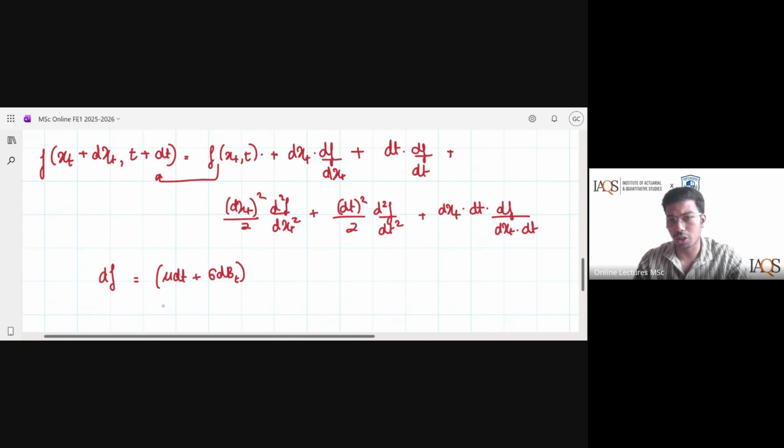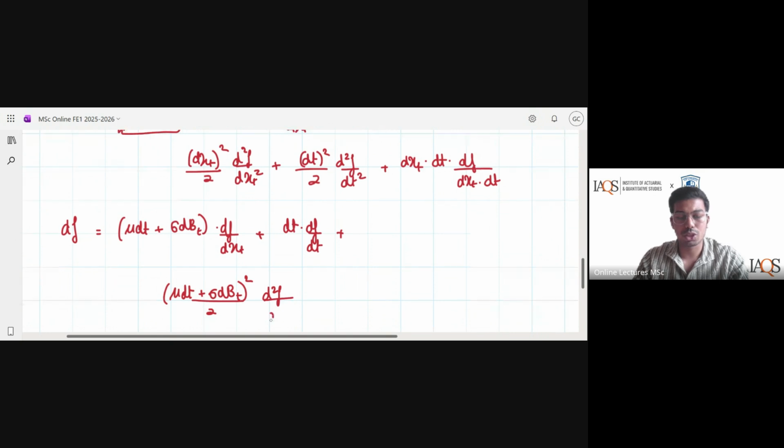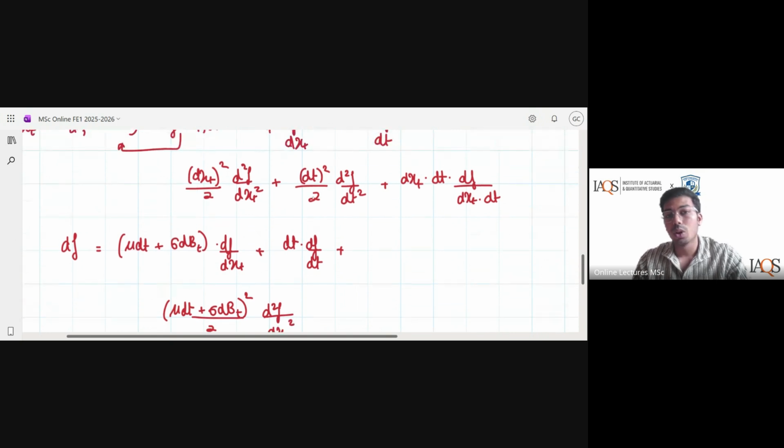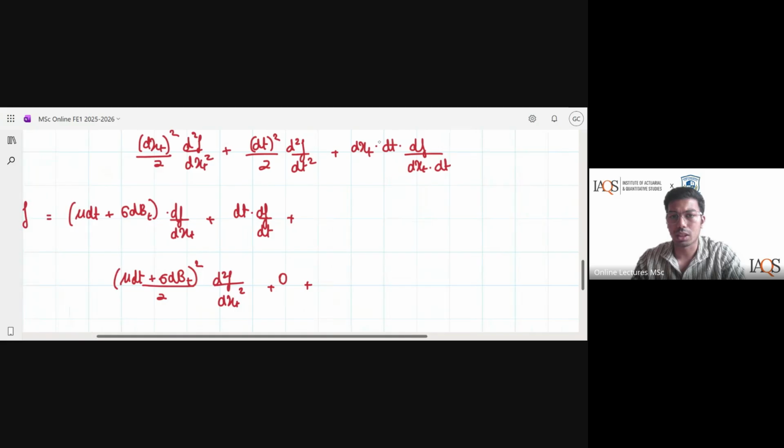I know that the equation of dxt is this, into the derivative of the function with respect to xt, plus dt times df by dt, plus dxt square, which will be mu dt plus sigma dbt the whole square, by 2 times the second derivative of the function with respect to xt. Now, if dt tends towards 0, dt square is 0, as we've seen in those three conditions. Hence this entire term will go to 0, plus the last term.